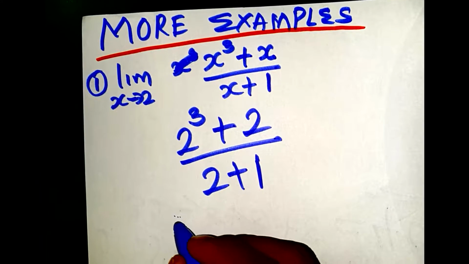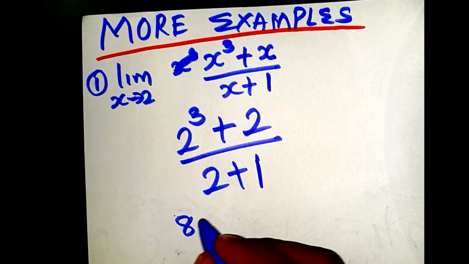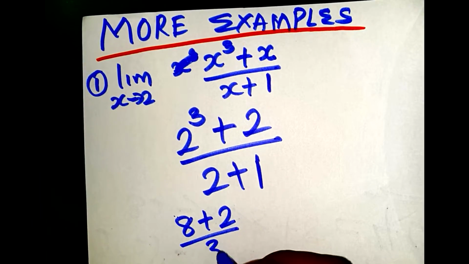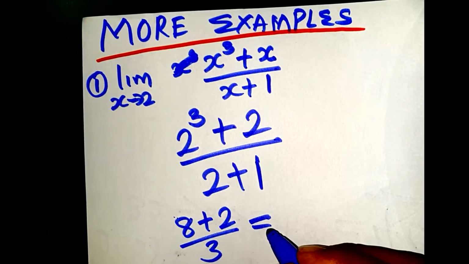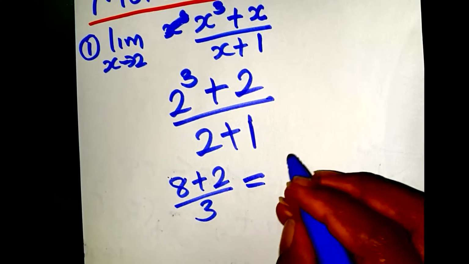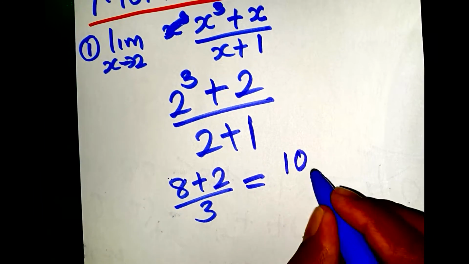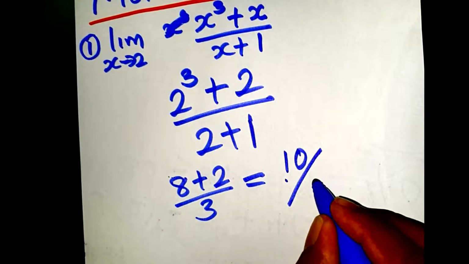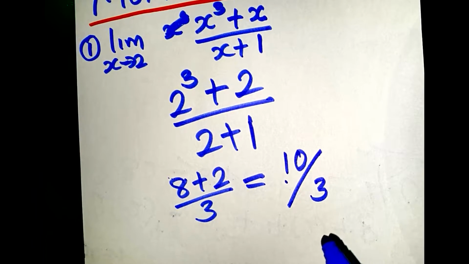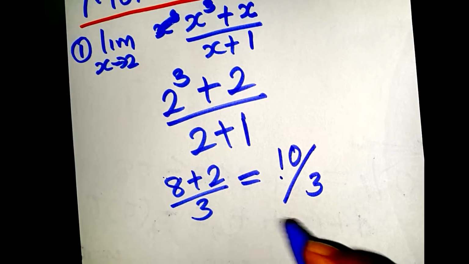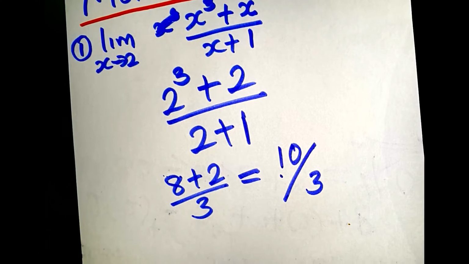It will be 8 plus 2 over 3, which is equal to 10 over 3. See, it's as simple as that. That's our answer.